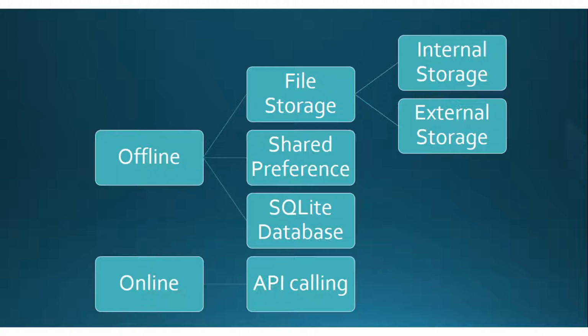There is no large file or large amount of data you can store with shared preference. Normally we use it for settings types of data, and it is private data, which means it is available to our application only.